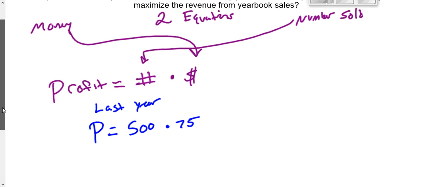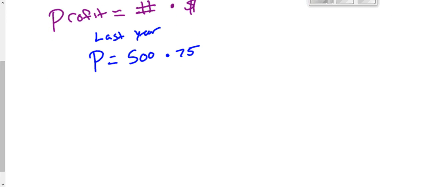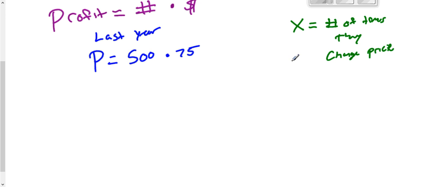After their survey, they figured out that if they reduced the price by $5, 100 more students would buy yearbooks. So we're going to add in a new variable x, and x is going to be the number of times they change the price. They can change it one time, they can change it two times.